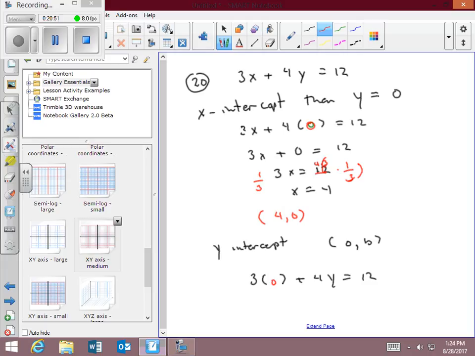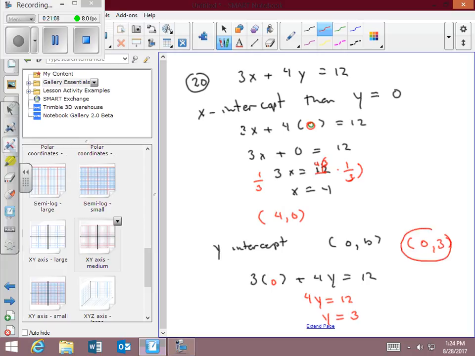It leaves you with 4y equals 12. And y is going to equal 3. So my ordered pair here is 0, 3.